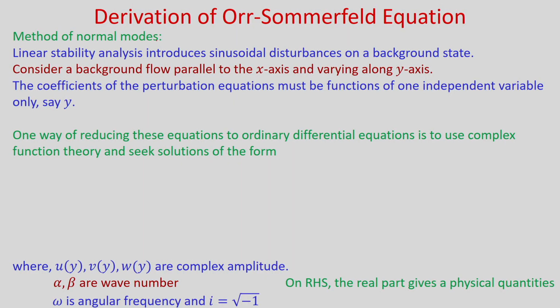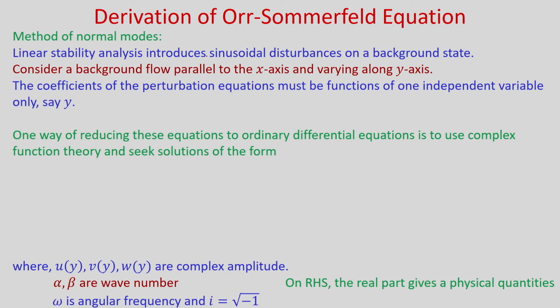Whatever disturbances we have considered, these disturbances are assumed to be travelling periodically in space as well as in time. So, for that reason it is known as Fourier analysis or normal mode analysis. If we use method of normal modes, linear stability analysis introduces sinusoidal disturbances on a background state.